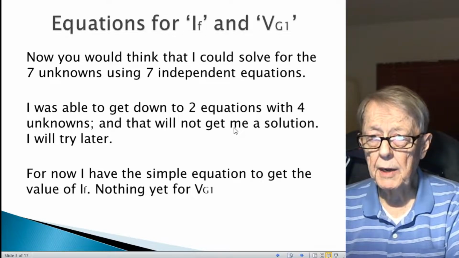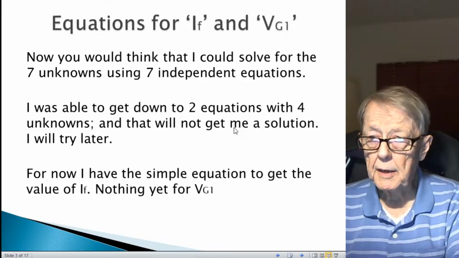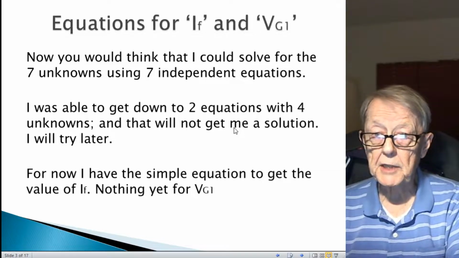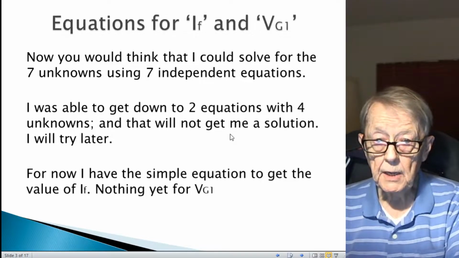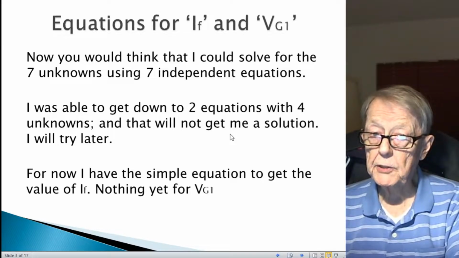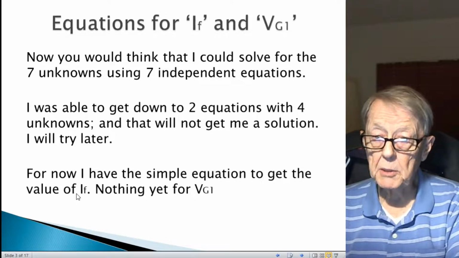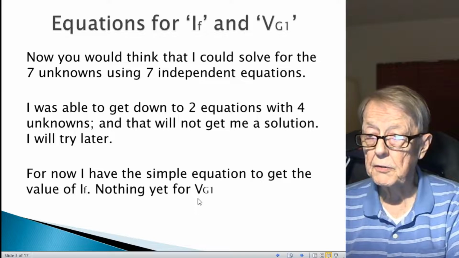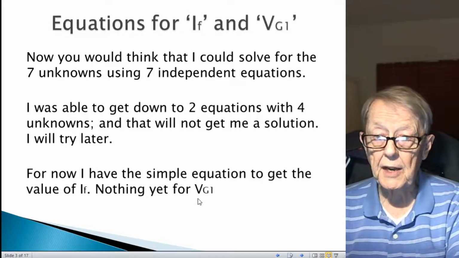I'm going to try later, after some period of time, in order to let this settle in. But for now, I did find a simple equation to get a value for I sub f. I never developed any equation for v sub g that would allow me to calculate these values.